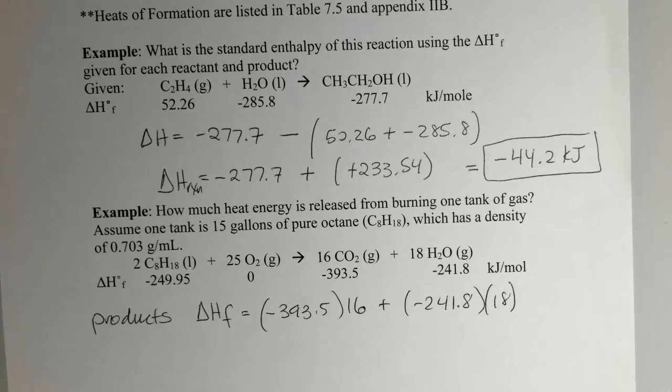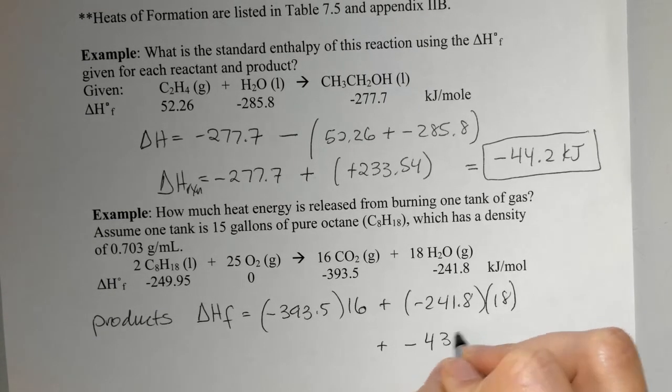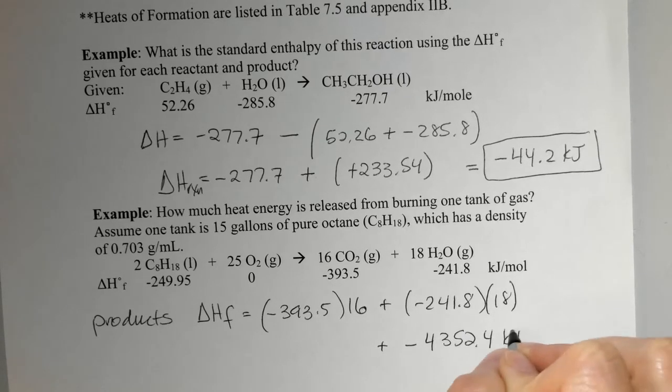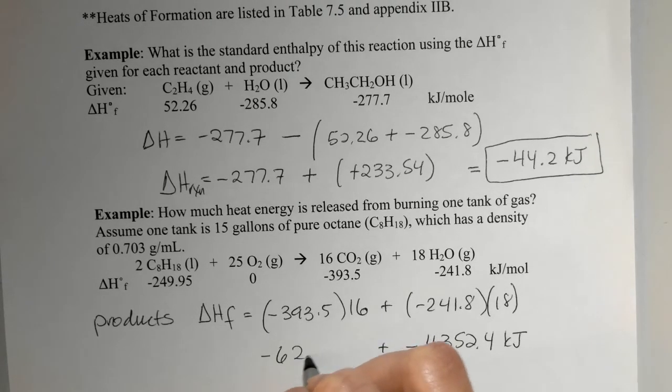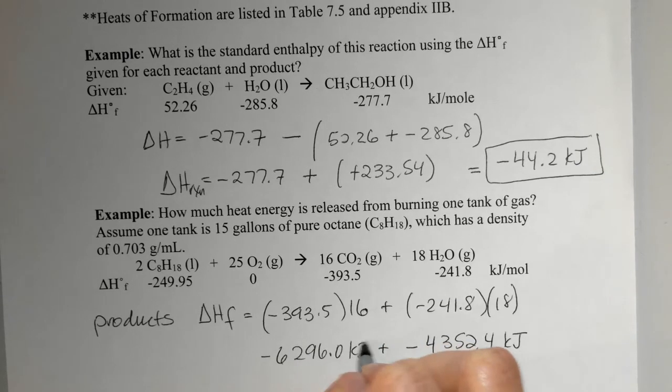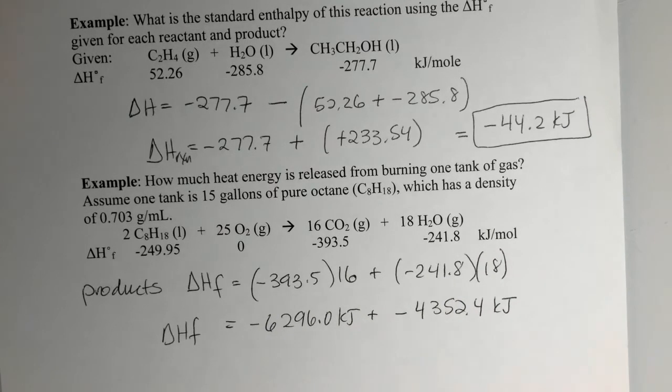So 18 times 241.8, I have a negative 4,352.4 kilojoules, and the 393.5 for the carbon dioxide times 16, I have a negative 6,296.0 kilojoules.